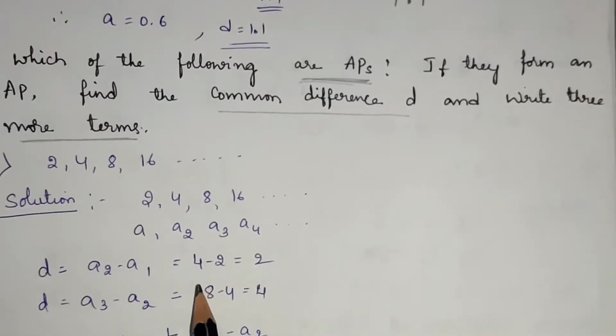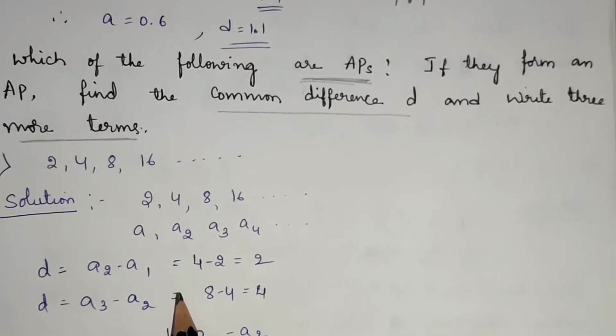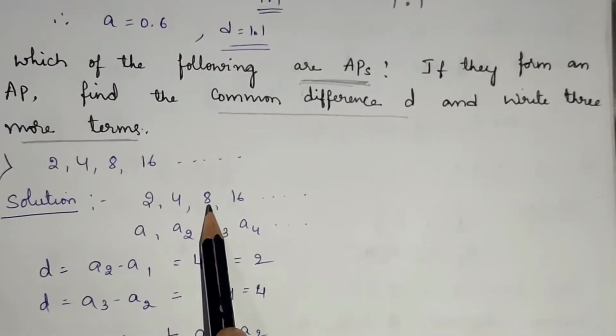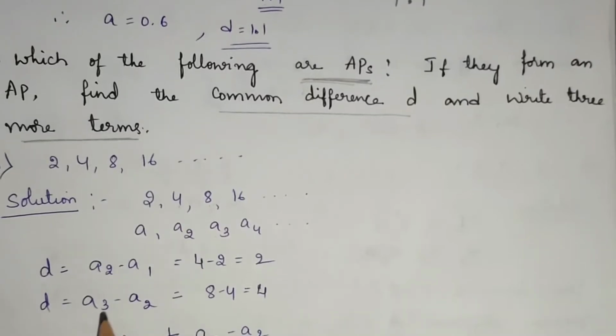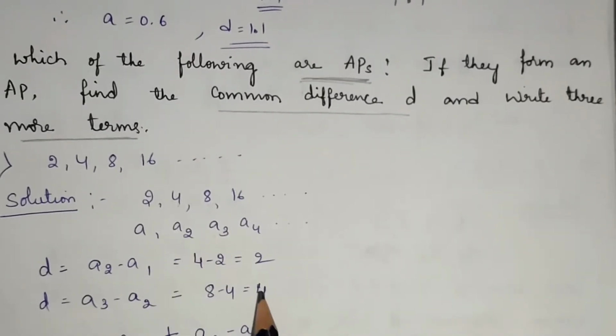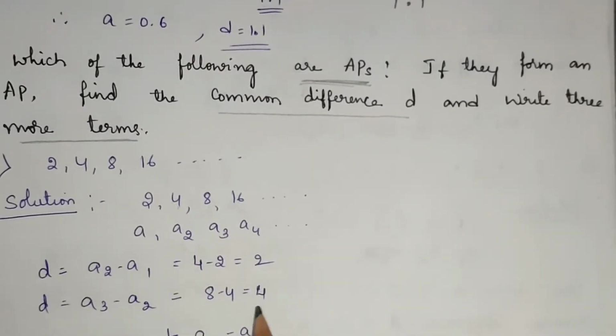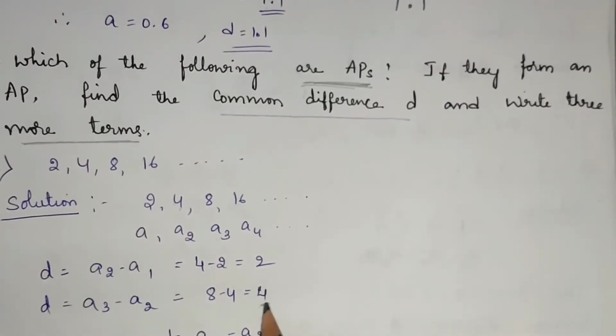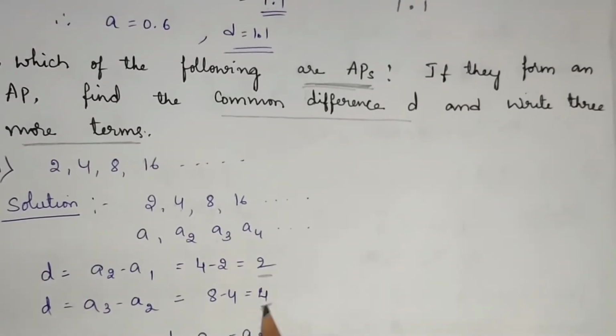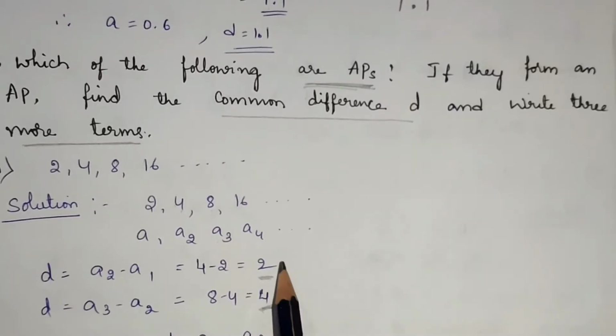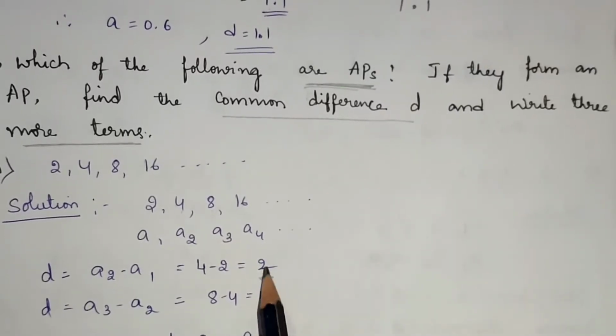Again, one more common difference is required, that is third term minus second term. 8 minus 4 is 4. Here, the reason we have to take at least two common differences is to confirm whether the common difference is the same or not.